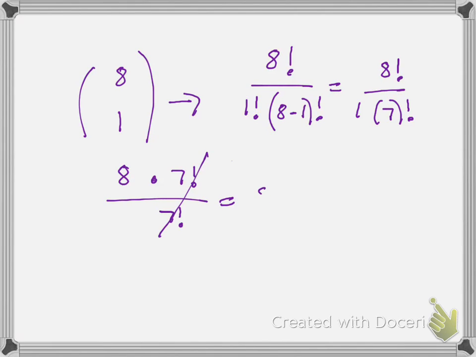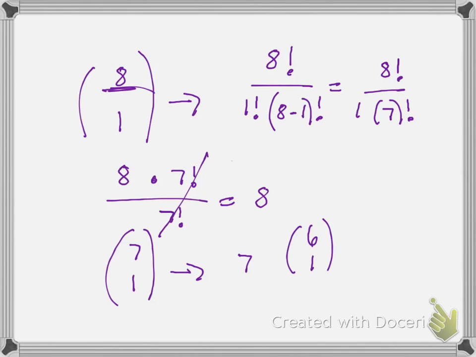Those cancel out, you get 8. So whenever you have a 1 on the bottom, you're always going to get your number on the top. So for example, if we had 7, 1, then we're going to get 7. And if we had 6, 1, then we're going to get 6. So just review those rules at the bottom, which we already discussed, and you'll be good with Pascal numbers.